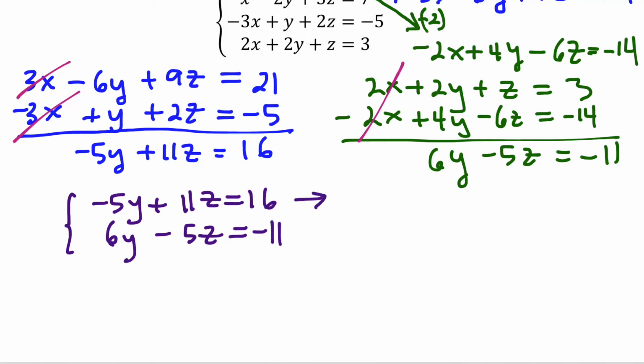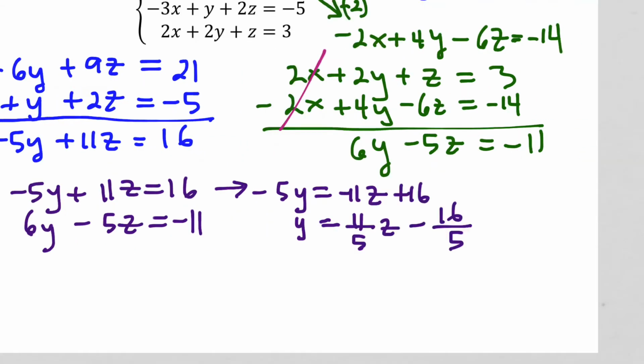I can solve for y, and I'll get y is equal to 11/5 z minus 16 over 5. Now I can take this expression for y and replace y in this equation, and now I'll only have one variable, z, and I can solve for z.